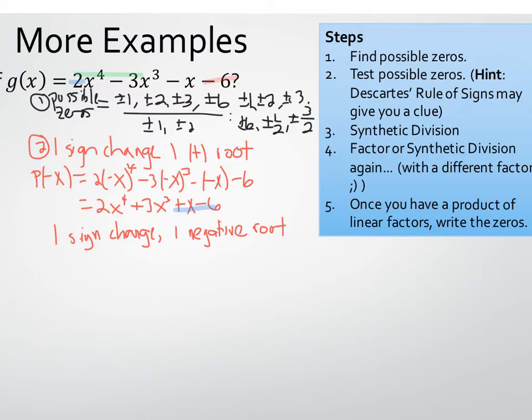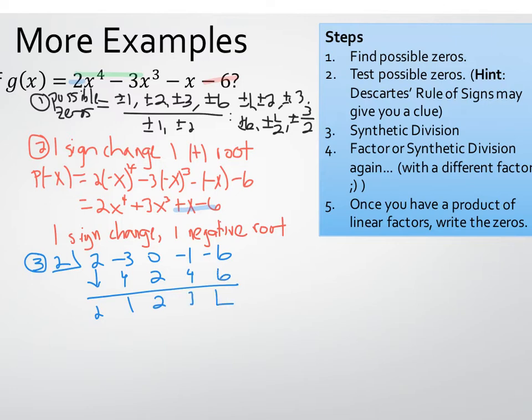Take a second and see if you can find one. I actually found one to be 2. So let's try it. Let's see, our coefficients are 2, -3, 0 for that x squared, -1, and -6. Okay, so we're going to drop down the 2. -1 plus 4 is 3.